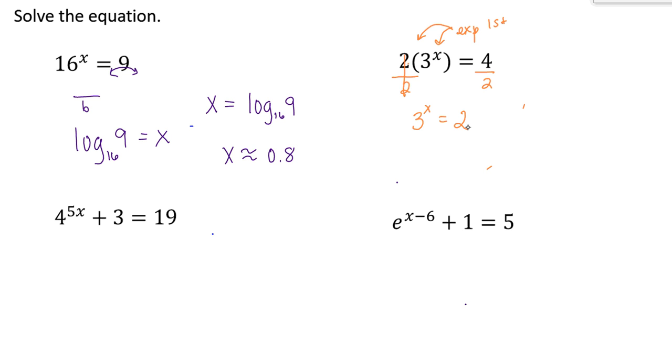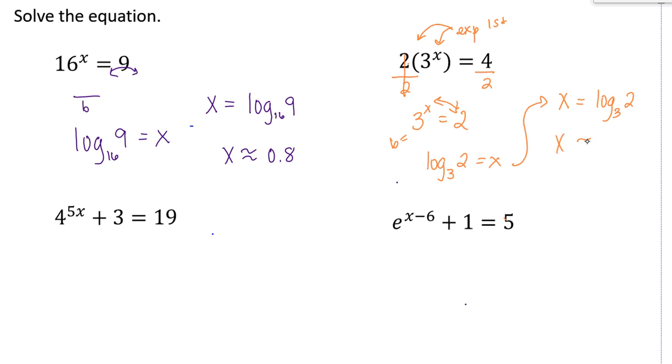Now the exponent, the thing being raised to a power, is by itself. We can transfer it into a log. Okay, we need to identify our b. That's b right there. So I'm going to write the word log, put my b, the 3, down below, and swap places with these guys. 2 is on this side, x is all by itself on the other side. Mirror image, log base 3 of 2.